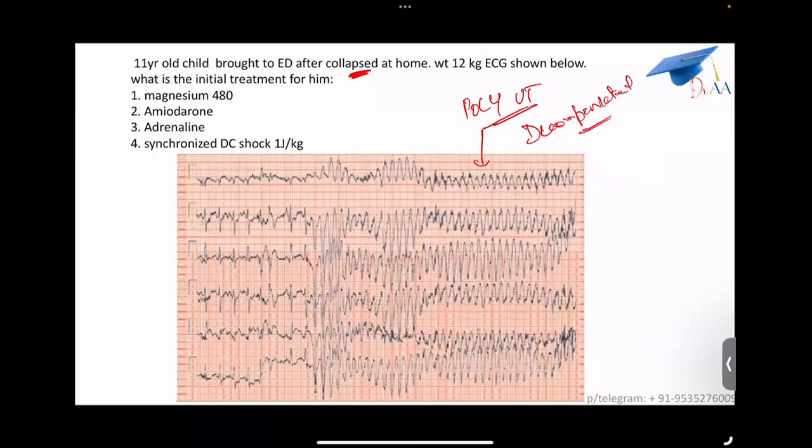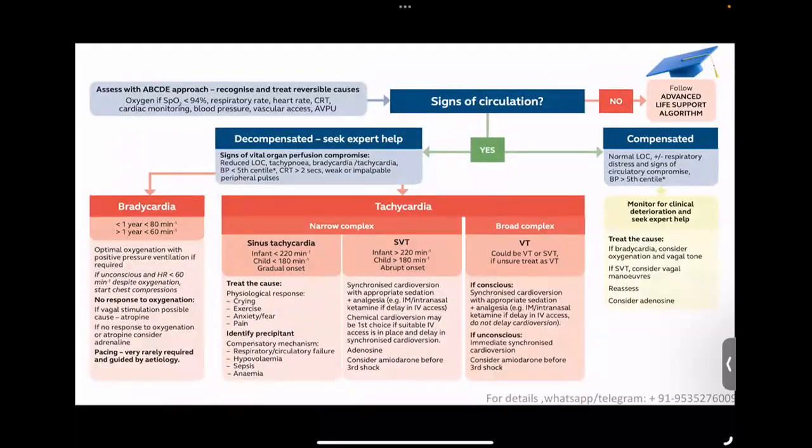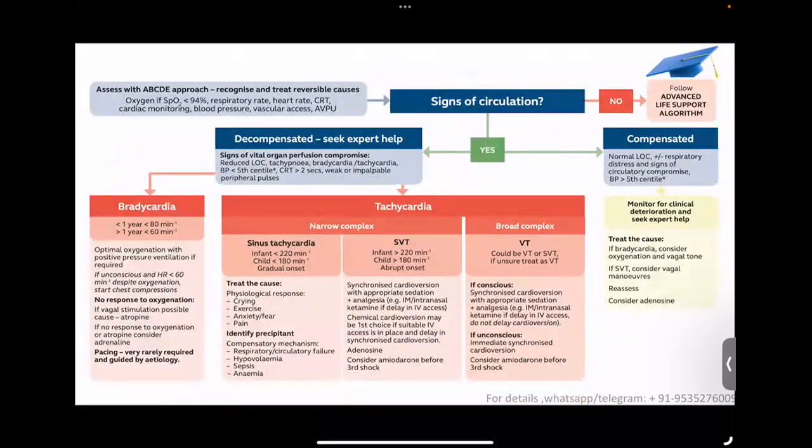If the patient is decompensated, we give a shock. It is not a cardiac arrest scenario, so it is synchronized, and the initial shock we give is 1 joule per kg. Subsequent shocks, if required, the energy will be increased. Sir, before giving the shock, we have to do conscious sedation. Okay, conscious sedation is the best.